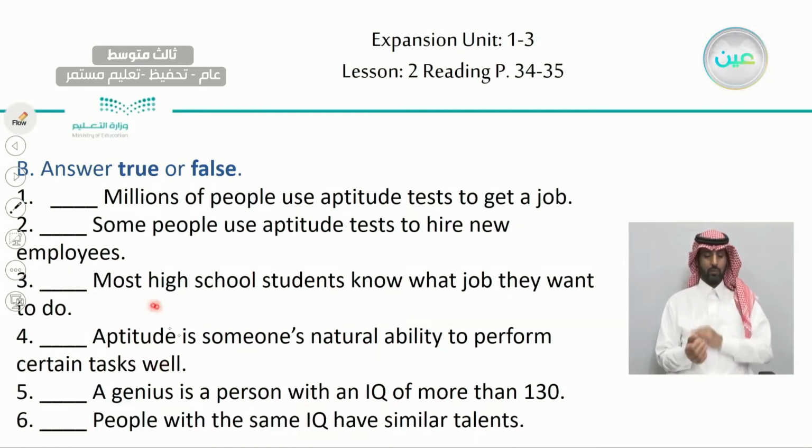So this is how they defined aptitude. Do you think this definition is true or false? 5, a genius, a very smart one, is a person with an IQ of more than 130. They mentioned that. Look at the number. Is this true? 6, people with the same IQ have similar talents.